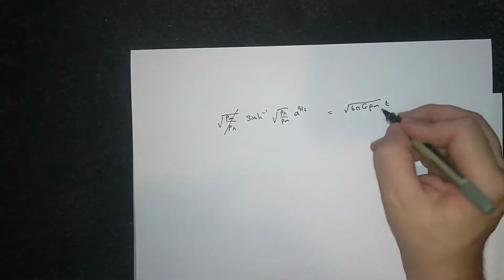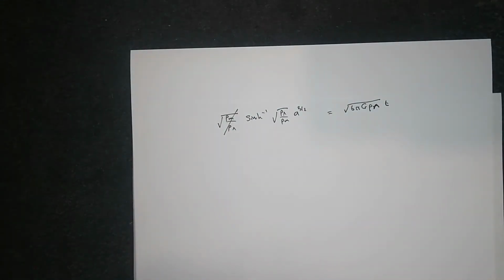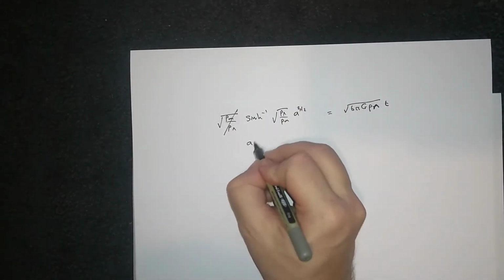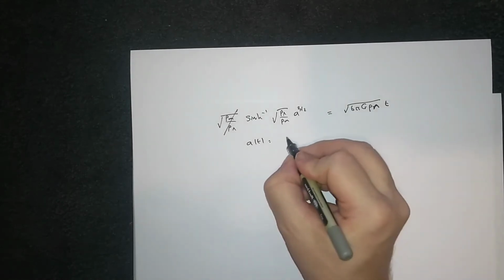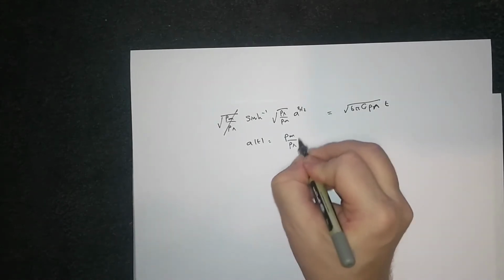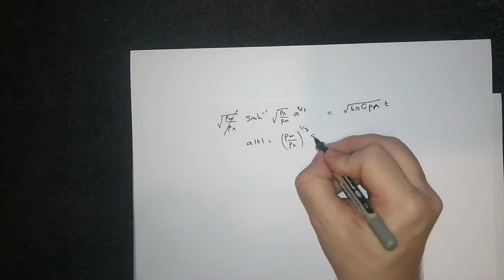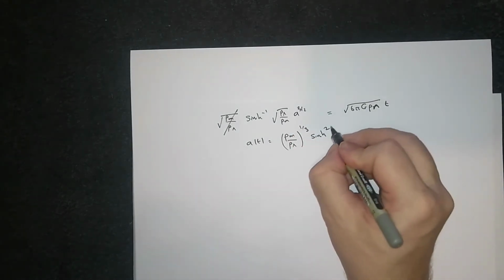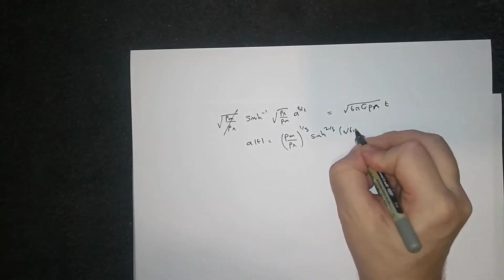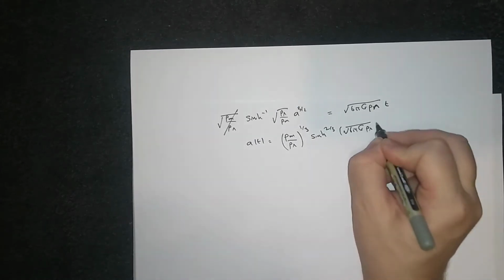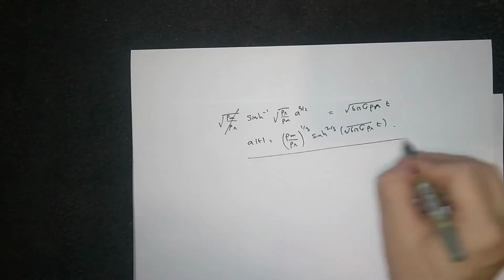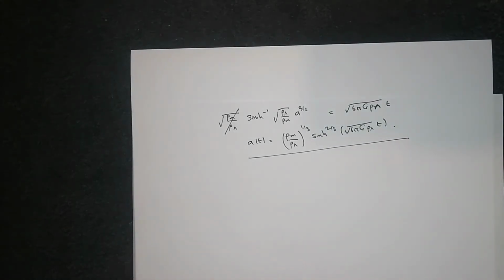Rearranging this, I'll get a of t is rho m over rho lambda, and because of that power there, that'll make that a third, to the power of a third, sinh to the 2/3 root 6 pi G rho lambda t. So that's my expression for the scale factor of the universe in this case.